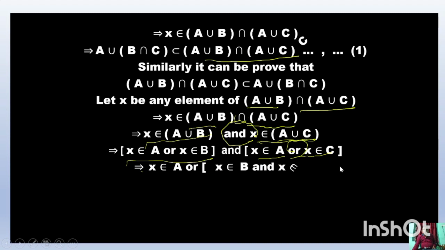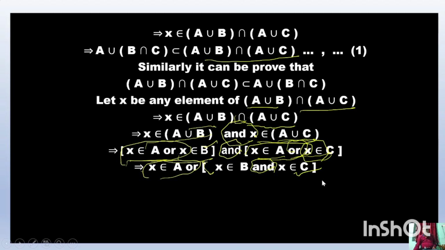Now look at the brackets here. Here X belongs to A or X belongs to A, and this can be taken as common. Can you take common here? Yes, common has been taken. So after taking the common, we put a square bracket: X belongs to B, and AND is used here, and X belongs to C. Understand?